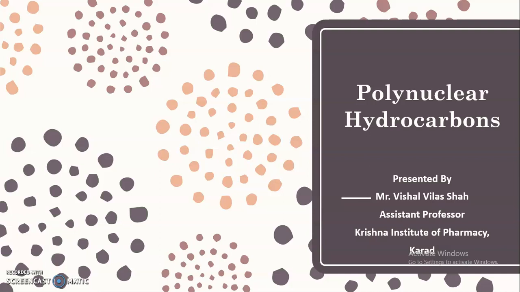All these compounds we have studied with respect to the methods used for their preparation, as well as the different chemical reactions and chemical properties shown by these polynuclear hydrocarbons. Now, in this ending session today, we are going to discuss what the uses of these polynuclear hydrocarbons are.